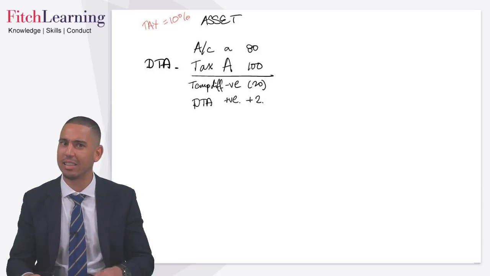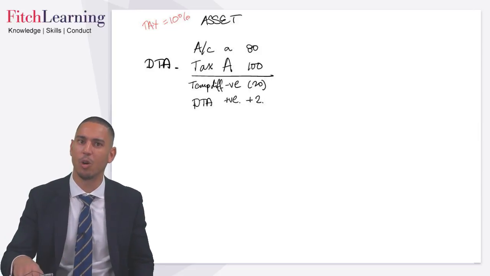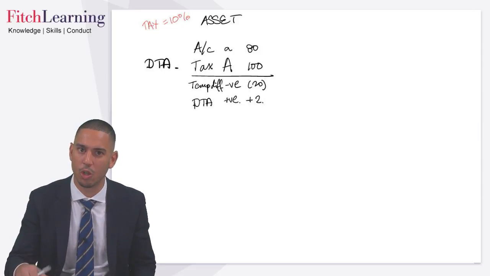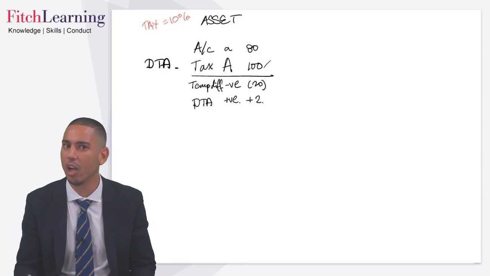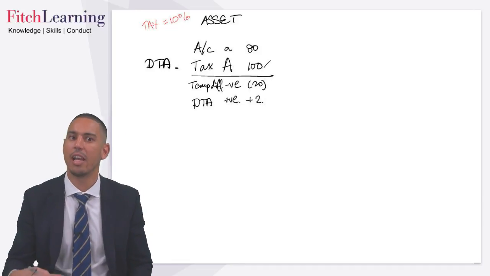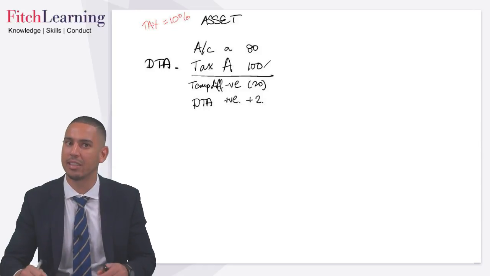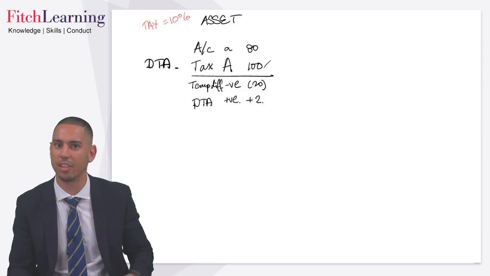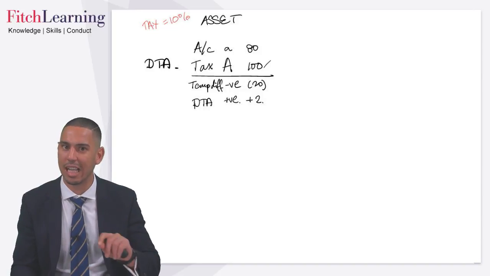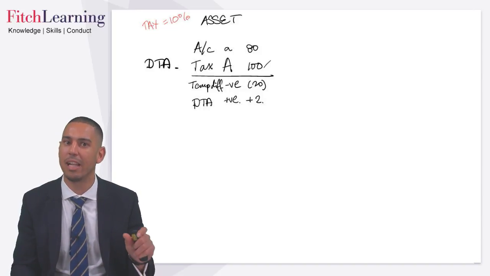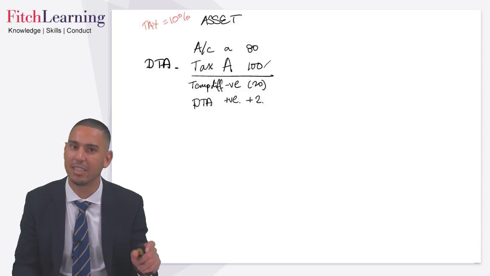But the tax authority says, hold on, that laptop you're holding isn't worth $80. According to us, it is worth $100. If you were to sell this laptop, which the tax authority said is worth $100, for $80, the tax authority says, actually, you've just made a loss of $20.